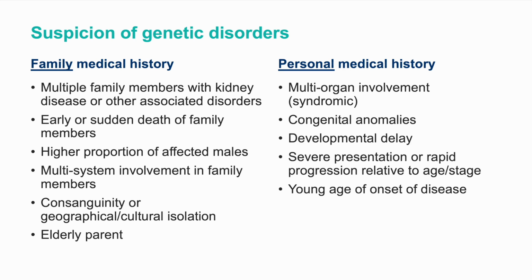Family medical history, like multiple family members with kidney disease or other associated disorders, or family history of early or sudden death of family members, multi-system involvement in family members, a higher proportion of affected males, consanguinity or geographical or cultural isolation that may lead you to think that even if the parents of your patient are not directly related, they are probably close relatively genetically, or elderly parent.